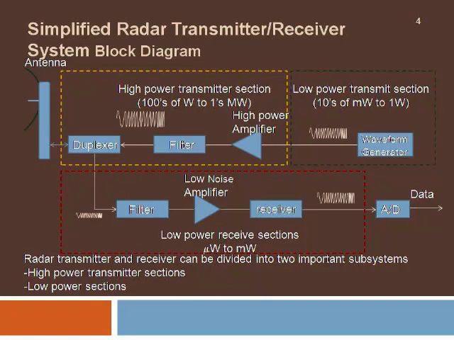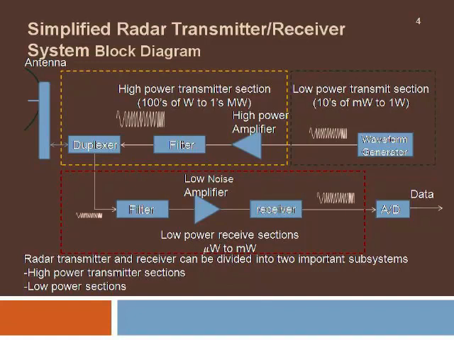The low power section will be there in the transmitter as well as in the receiver. The high power one will be only at the higher end of the transmitter, wherein we are going to have high power amplifier, duplexer, etc. The low power section will be the starting point in the transmitter, wherein the required waveform will be generated and a low amplitude signal will be produced.